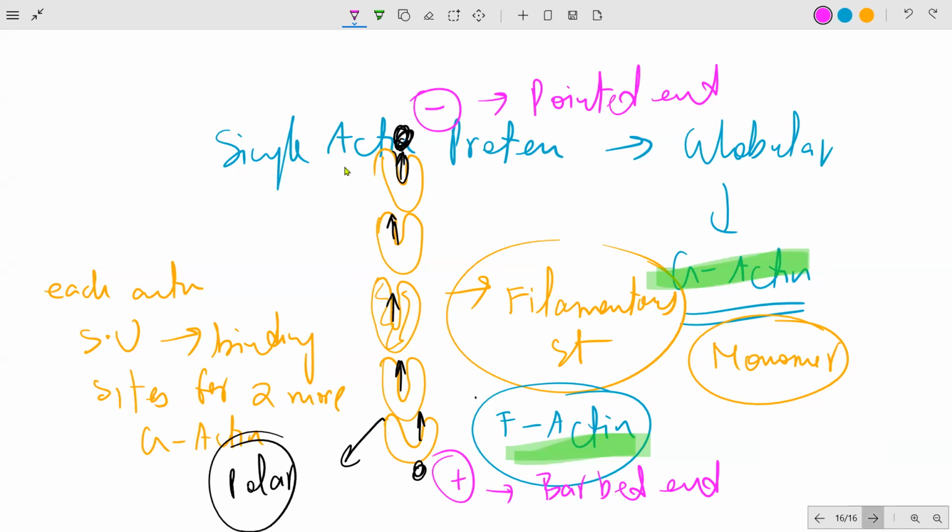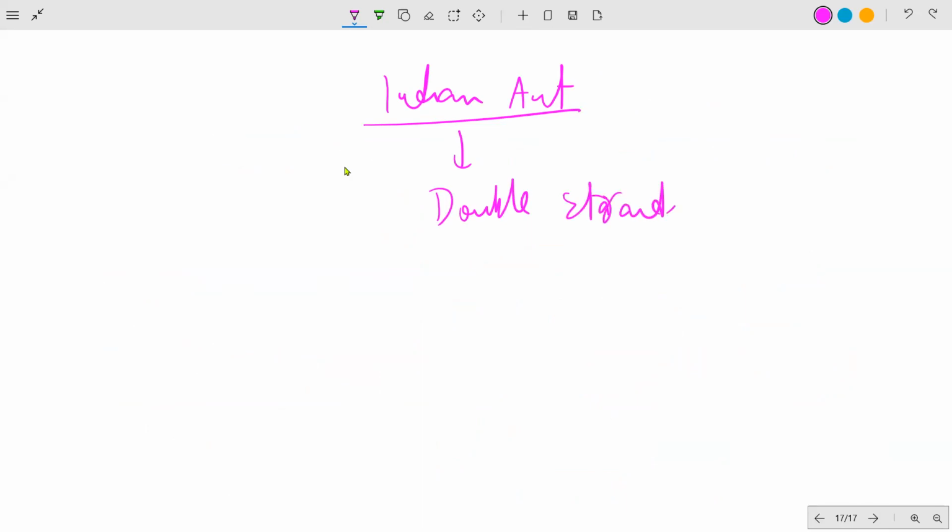But if you touch some Indian authors, अगर आप कुछ Indian authors की किताबें देखोगे अगर, if you touch some Indian authors' cell bio book, तो what they have mentioned कि ये जो actin filaments हैं, they are double stranded. Indian authors say कि actin filaments are double stranded. They are double stranded helical structures.